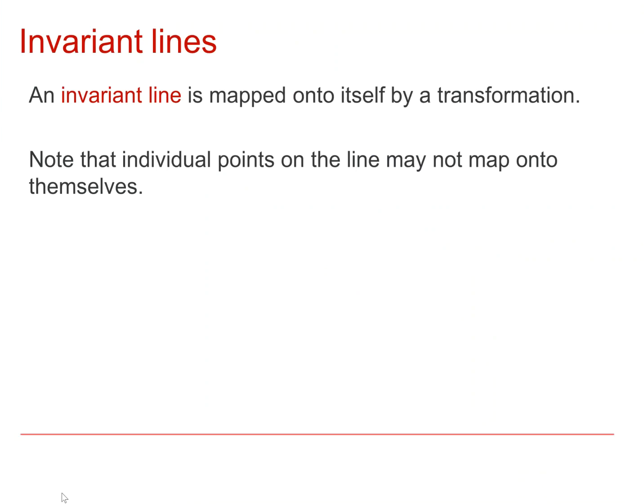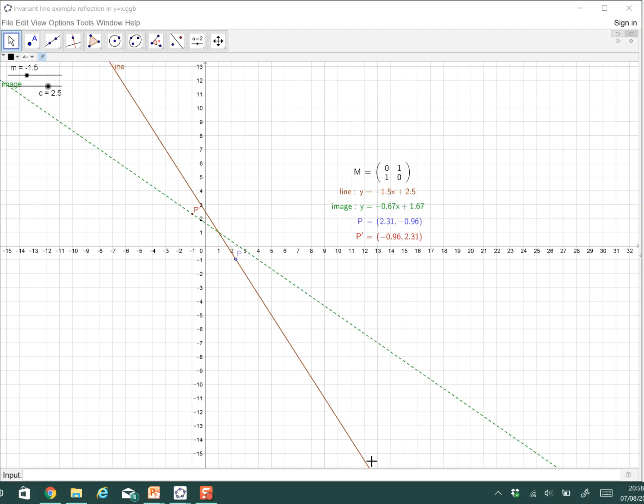In the last example, we had a line of invariant points, but sometimes a line is mapped to itself by a transformation, but the points on the line are not mapped to themselves. Here's another example of it in GeoGebra. Here I have the matrix 0, 1, 1, 0. Again, the green dotted line is the image of the brown line.